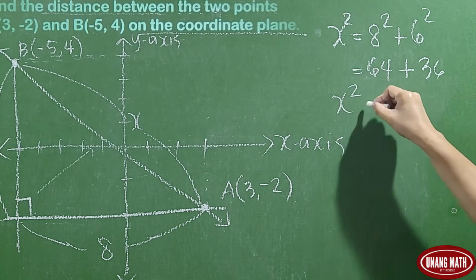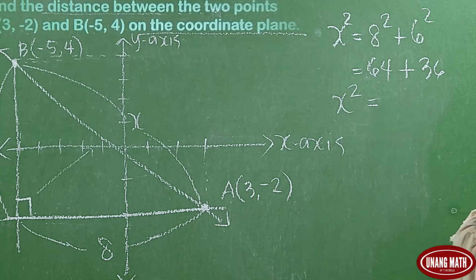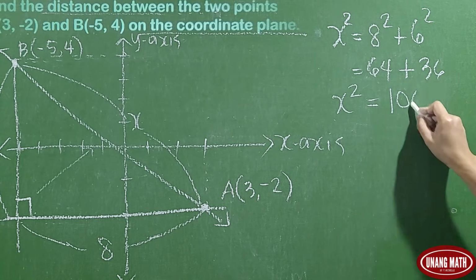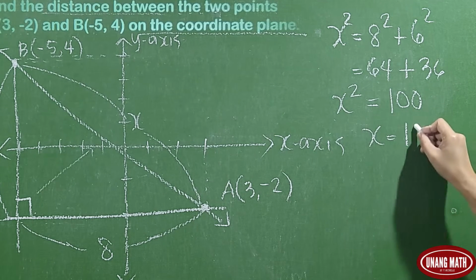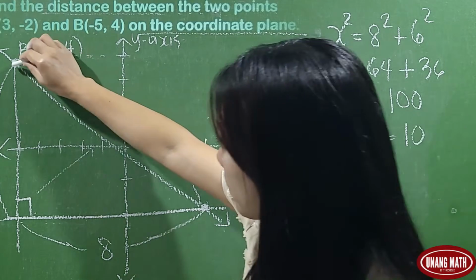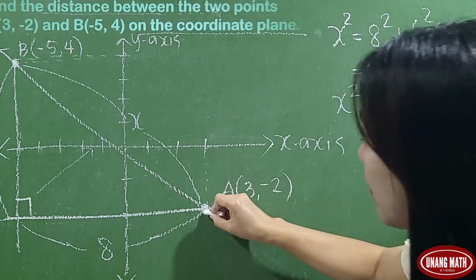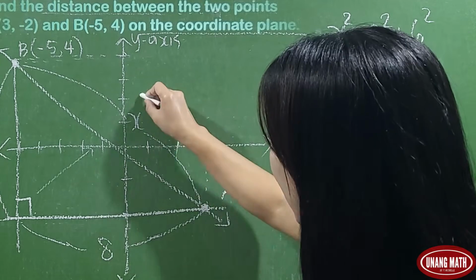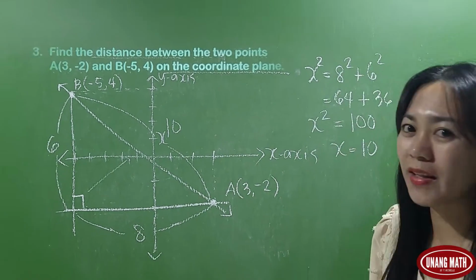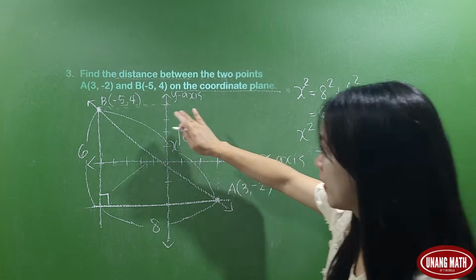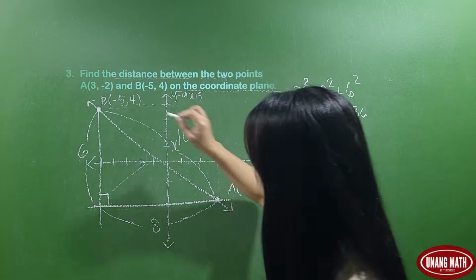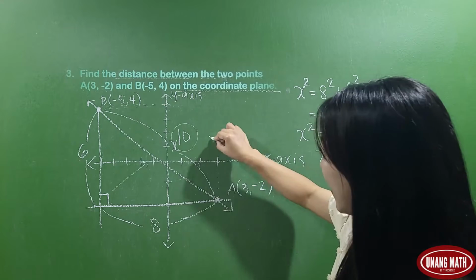So x squared would be 64 plus 36, that would be equal to 100. So the square root of 100 is 10. So it means the distance from this point to this point is equal to 10. So in this question, the distance from this point to this point is 10.